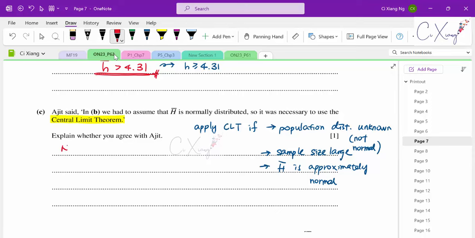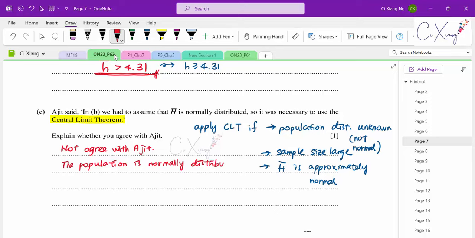If you want to tell the examiner the reason: the population is normally distributed.